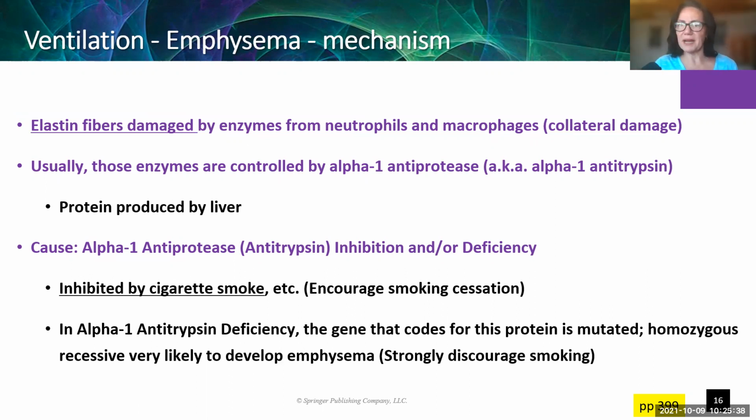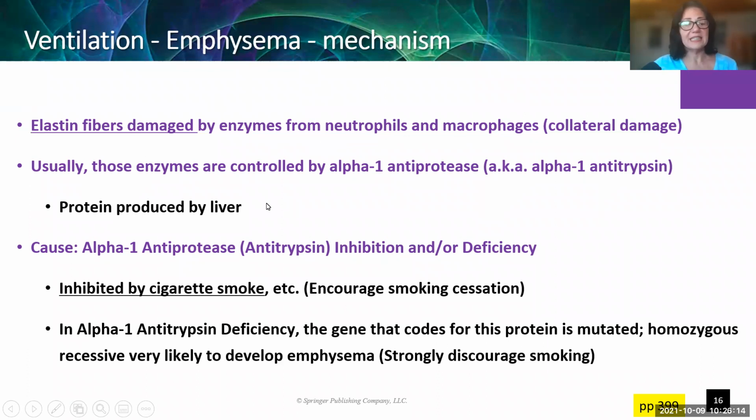The neutrophils and the macrophages, remember those are the phagocytic cells of our immune system, are there because there's some kind of inflammatory process going on. The elastin fibers are just collateral damage. They're not the target for the neutrophils and the macrophages, but because of this chronic inflammation in the area, the neutrophils and the macrophages have lots of enzymes that dissolve proteins, including the elastin fibers.